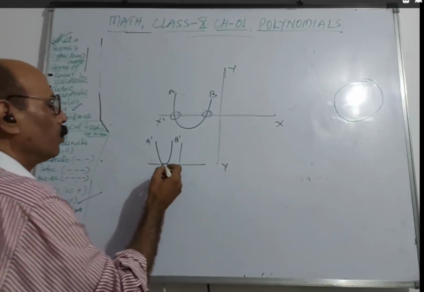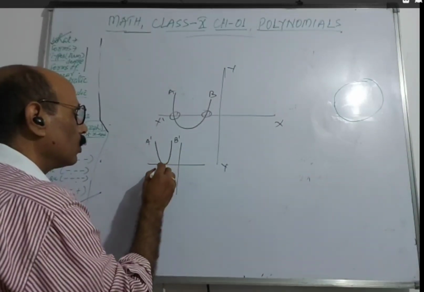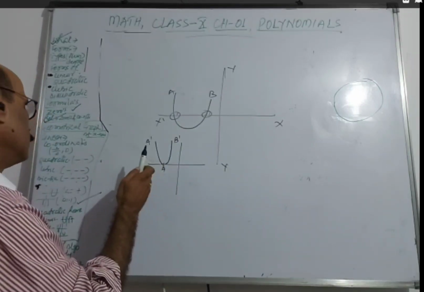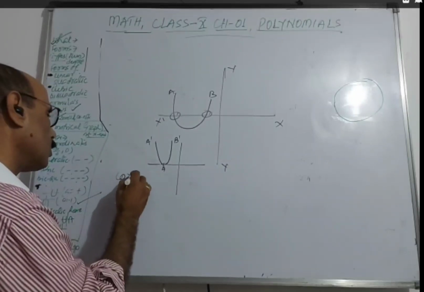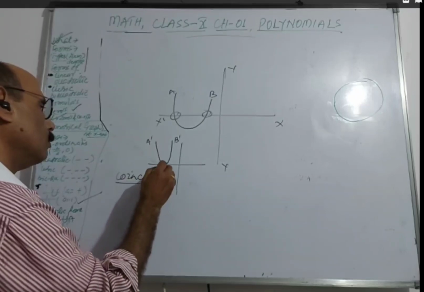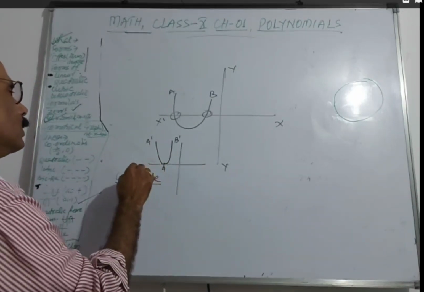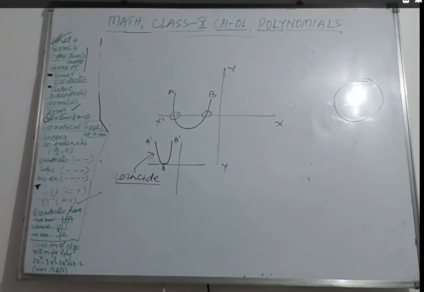But only one point touching means both answers are at this point only. Okay, the value of this x is both answers. That means this graph is showing coincide. Coincide, no, same place. Two values at the same place. So this will be the coincide graph. Okay.